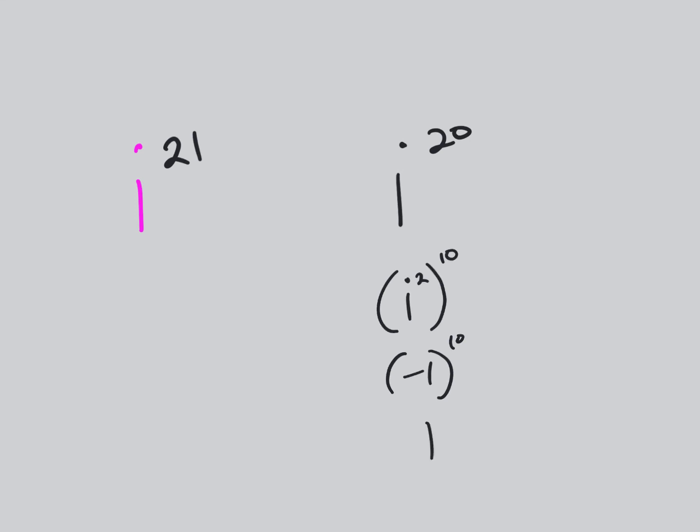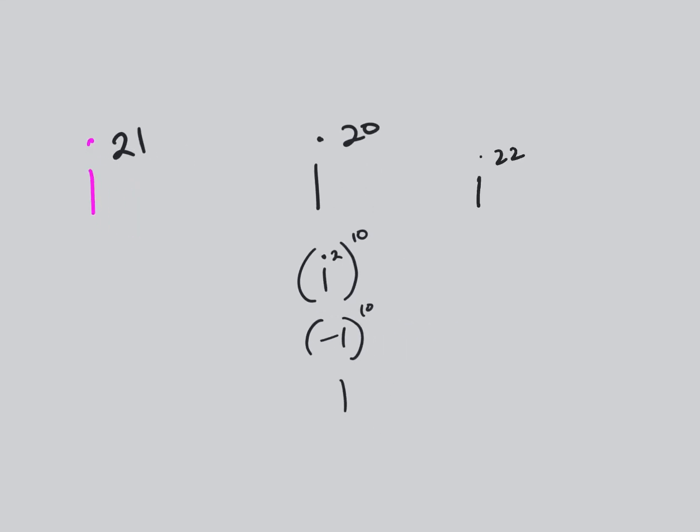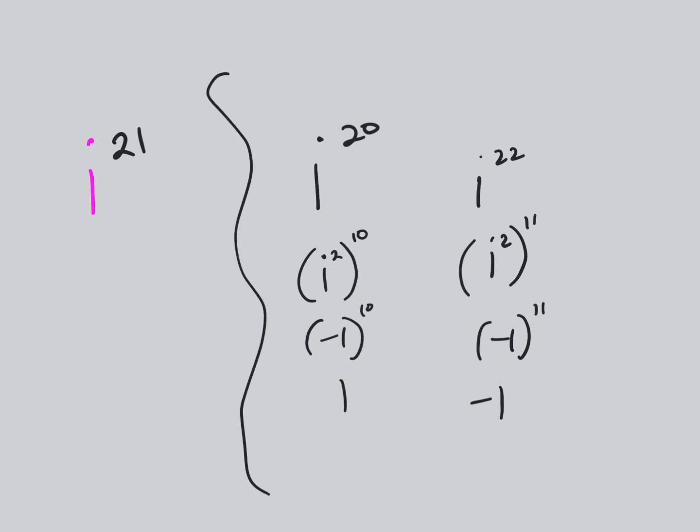You always divide it by 2. Yes. So if it was 22, it'd be i squared to the 11th, negative 1 to the 11th. What's a negative to an odd power? This would be negative 1. Okay? So you just divide by 2. If it's even. If it's odd to begin with, take out that one odd number.